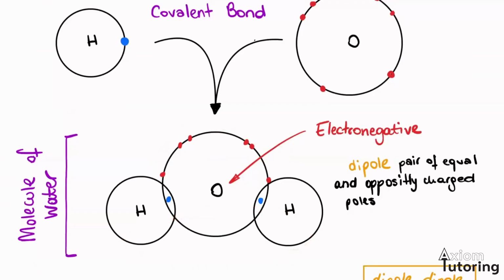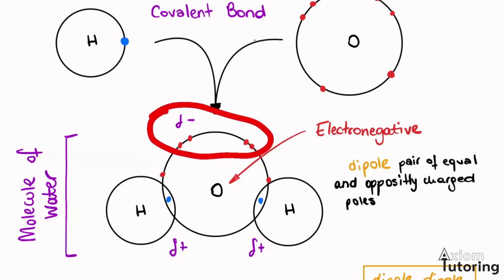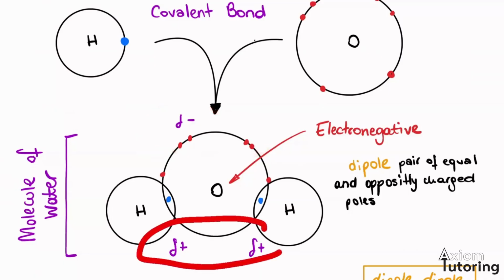And this shift in electrons causes a partially negative charge to form on that side and a partially positive side to form on this side. And this difference in charges within the single molecule is what we call a dipole, which is a pair of equal and opposite charged poles. So this pole is negative and this pole is positive.